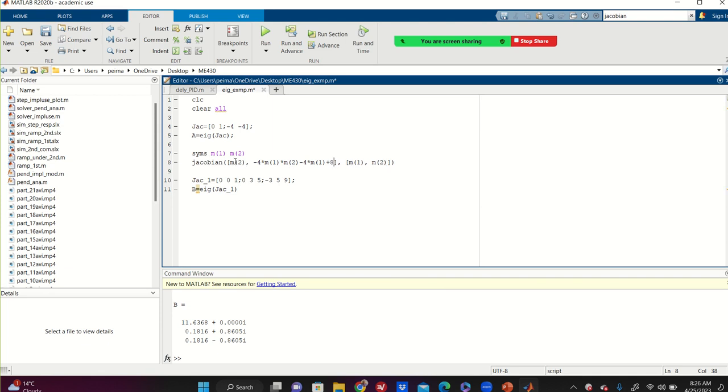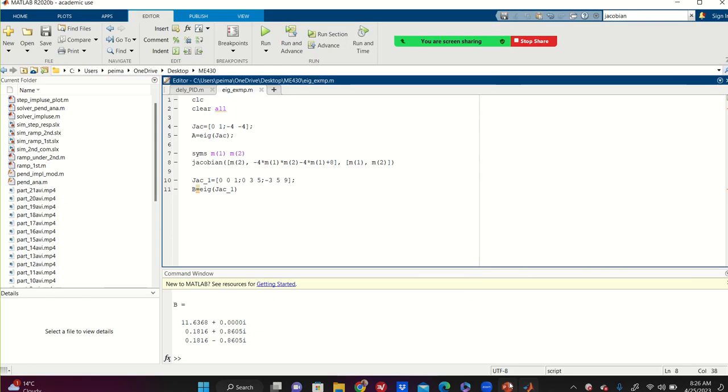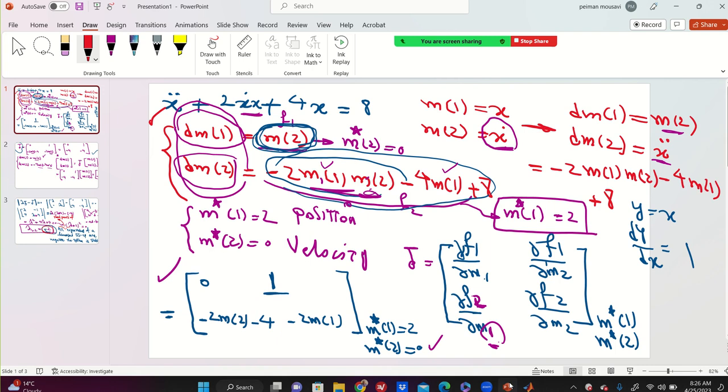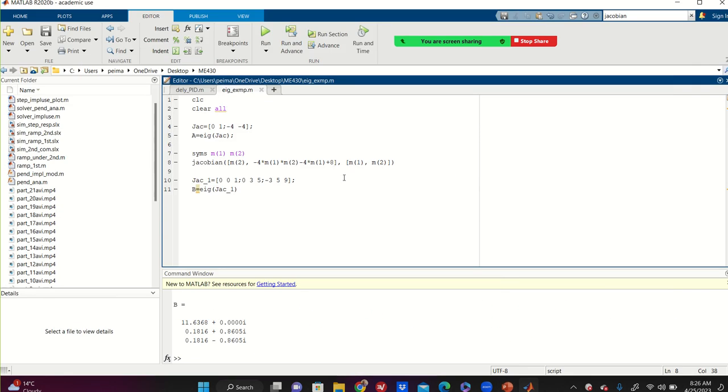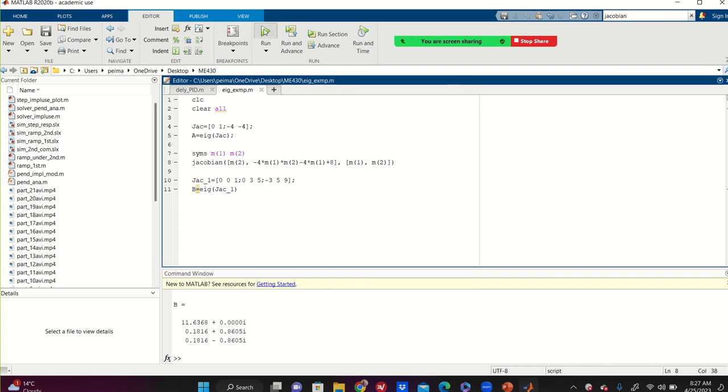Two state variables, F1, F2. I just typed here: minus 2 M1 M2 minus 4 M1 plus 8. Now if I run this, okay, you're going to get exactly this matrix. Look here. Exactly what you have to get. So let me run it.